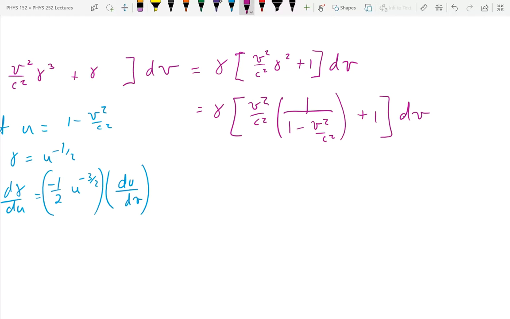What I'm going to do is make this v squared over c squared minus v squared. Right, so I distributed the c squared into the denominator, the first one, and then 1 will become, for a common denominator, c squared minus v squared over c squared minus v squared.